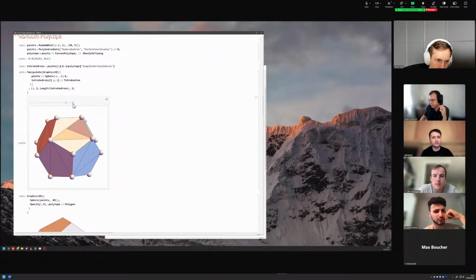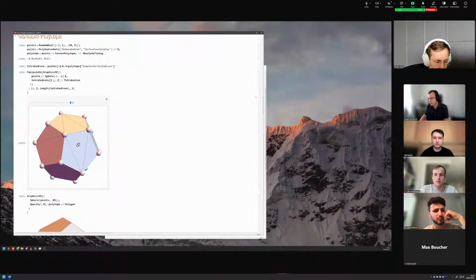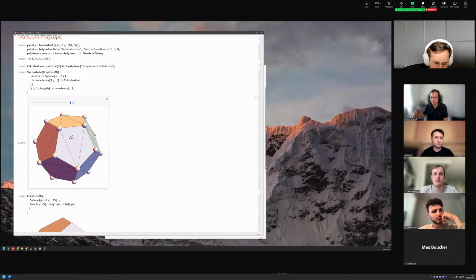So you have this deconstruction of the object, and then it's a separate step to figure out which of these triangles are exterior and which triangles are coplanar, so you can group them into the same facet.